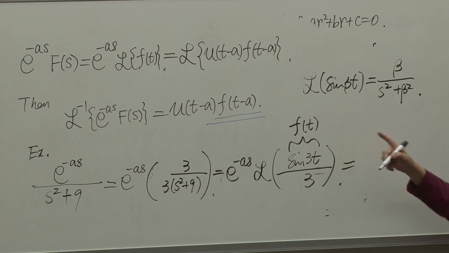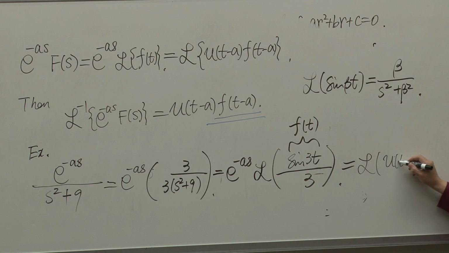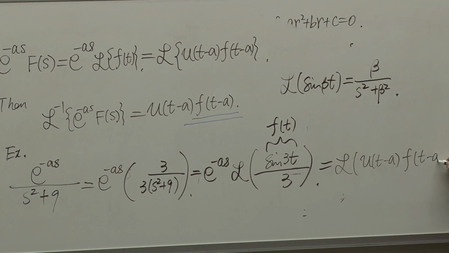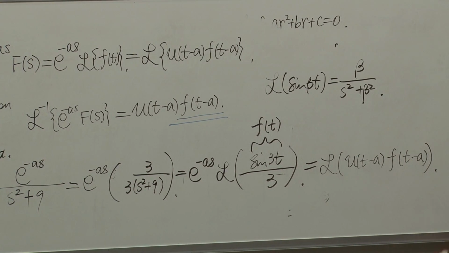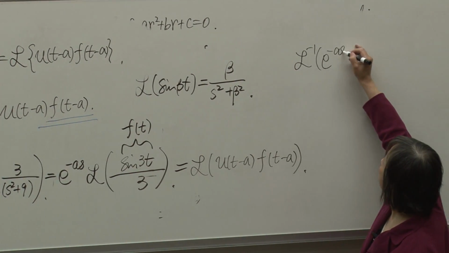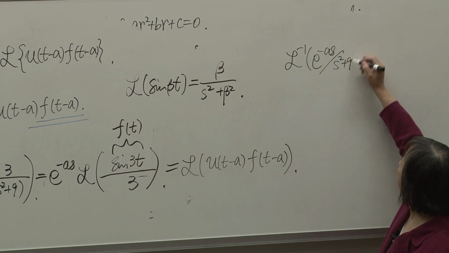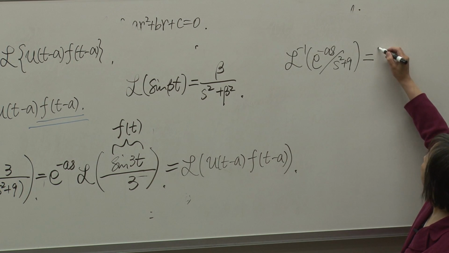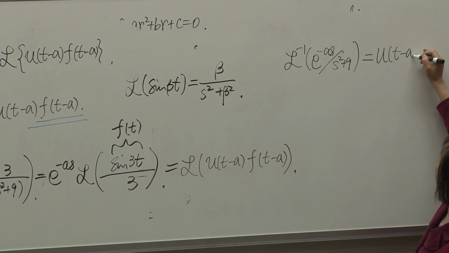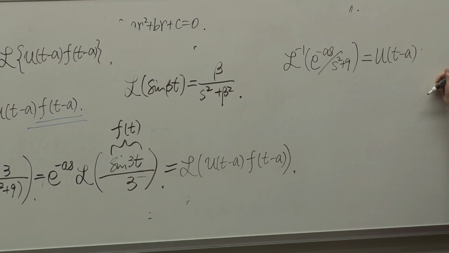Then using the formula, we get the Laplace transform of u(t-a) times f(t-a). Therefore, the inverse Laplace transform of e^(-as) over s squared plus 9 must be u(t-a) times f(t-a).